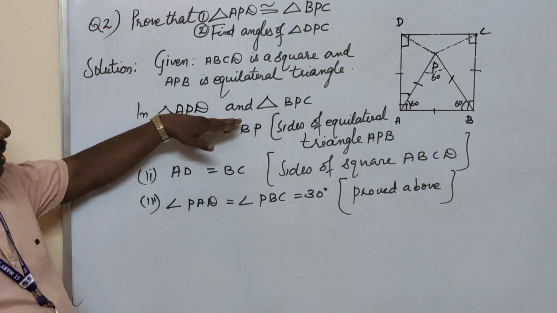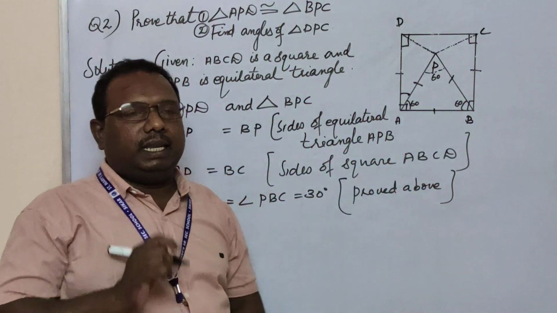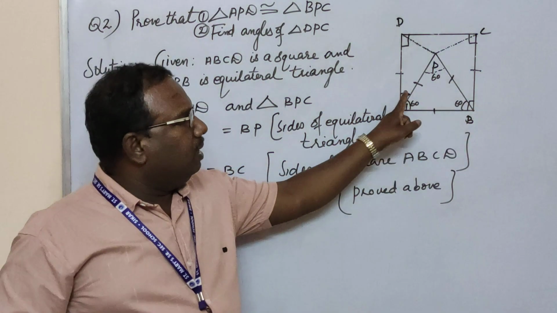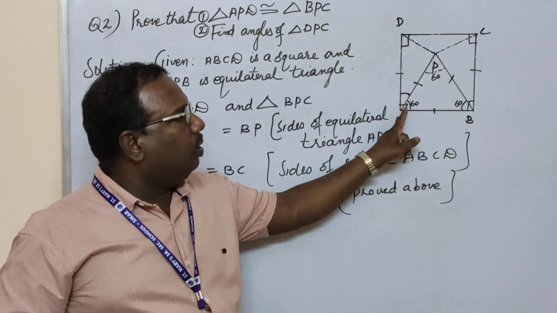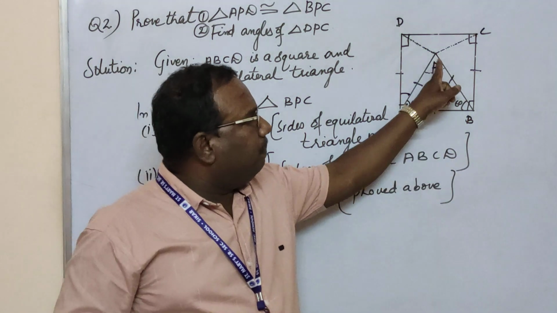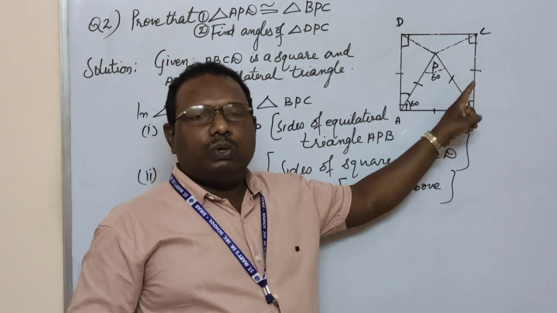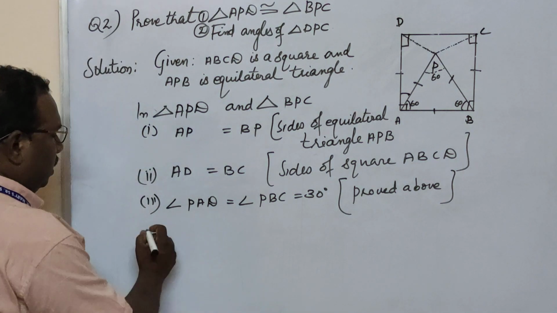Before beginning this part, we already proved each of these angles 30 degree. Once more I am telling, this angle PAD equal to 90 minus 60 degree. Similarly, angle PBC equal to 90 minus 60 degree equal to 30 degree.